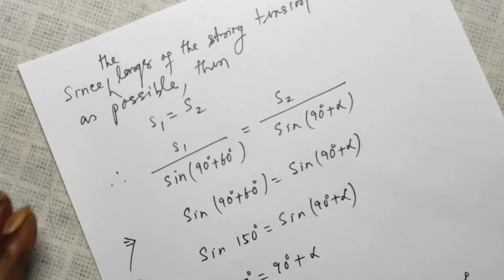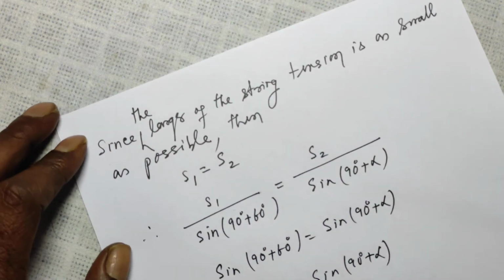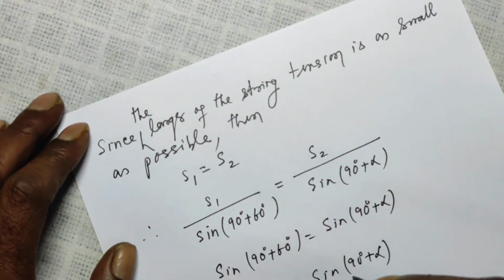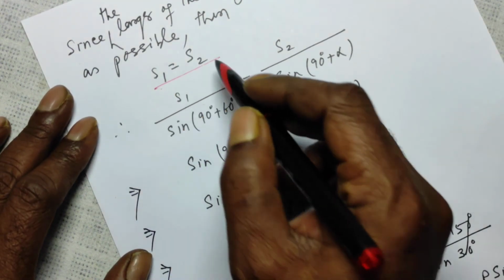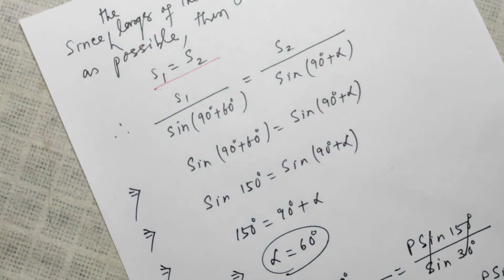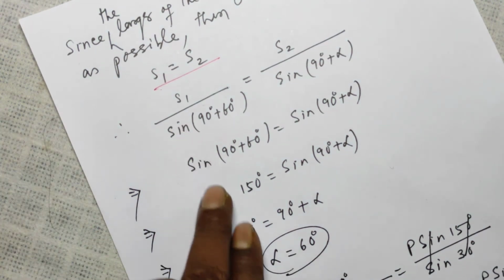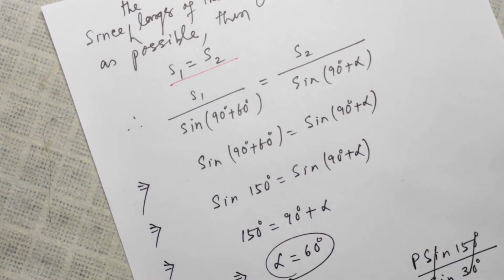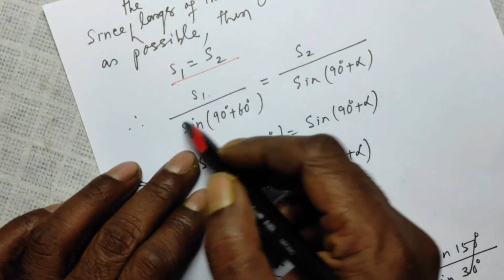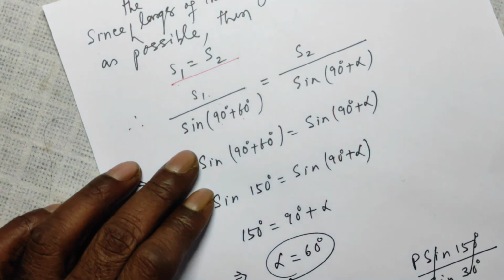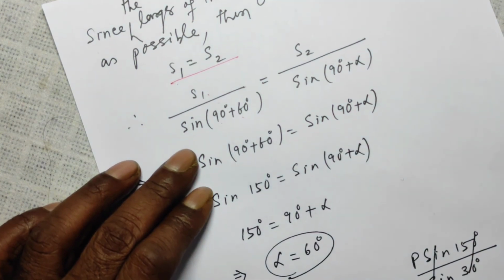Since the larger of the string tensions is to be as small as possible, the conclusion is that S1 must be equal to S2. Therefore, S1 over sine of 90 plus 60 is equal to S2 over sine of 90 plus alpha.